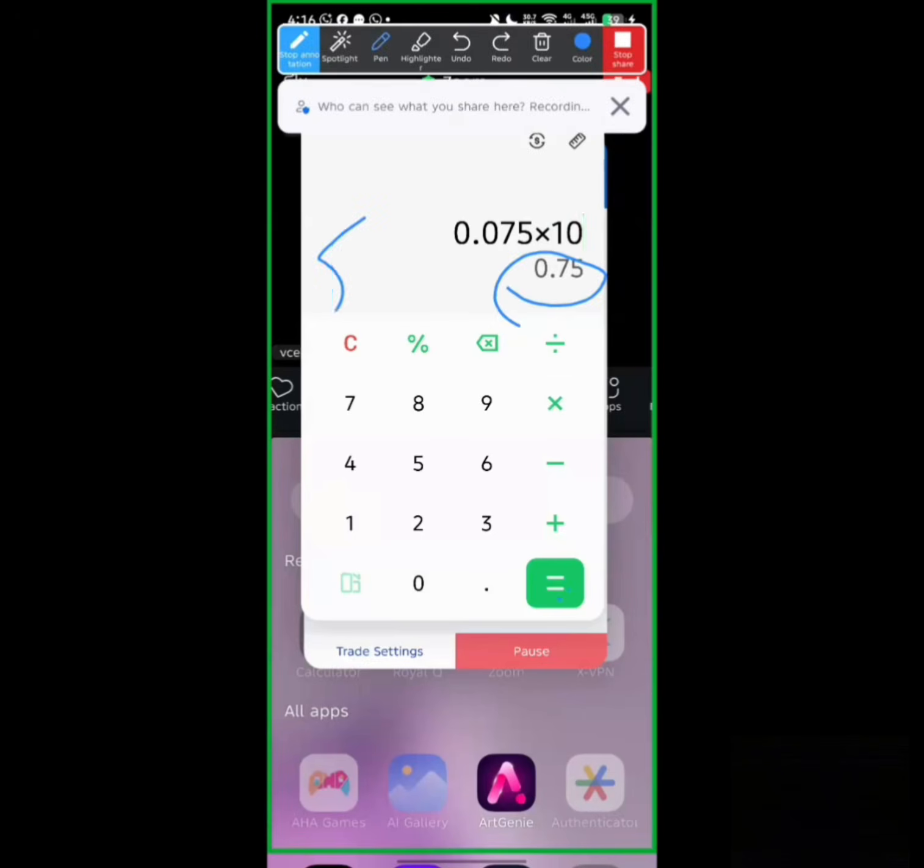I have only invested $1 and I have made 0.75. That is 75% of the amount invested into the trade. So I've invested just $1 and I made 75% with just a movement of 7.5%.